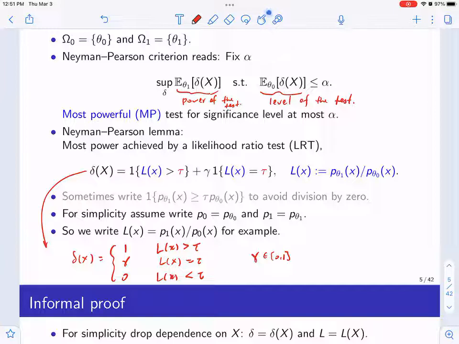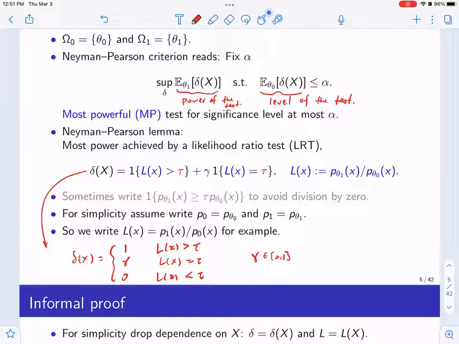And for simplicity, I'm going to write P naught and P1 for P theta naught and P theta 1. So L of x will be this. We're going to prove this result, but is the idea clear? It's a very nice, compact solution. It gives you the structure of a most powerful test.